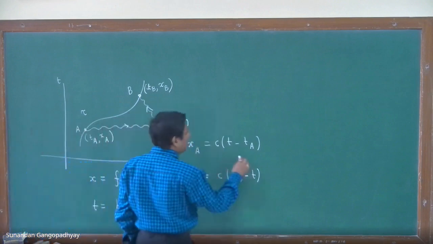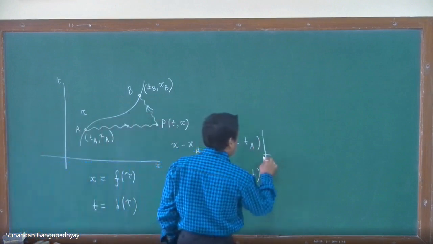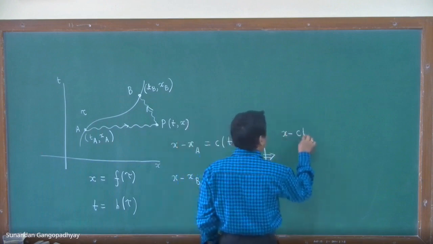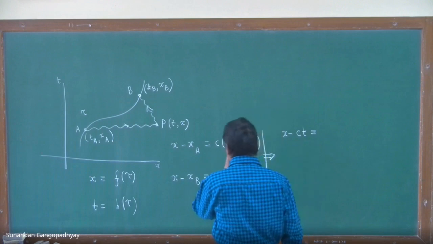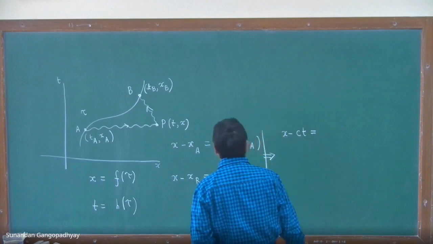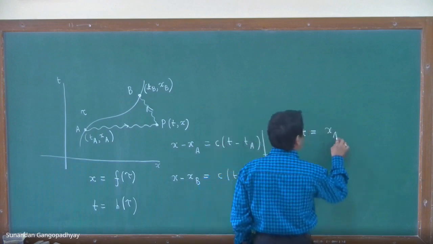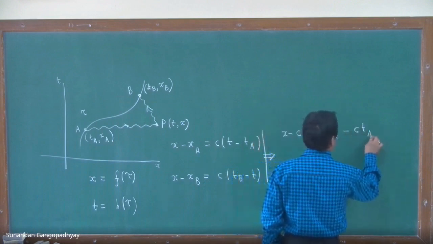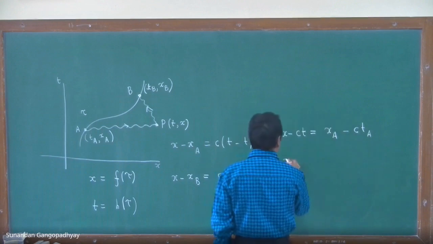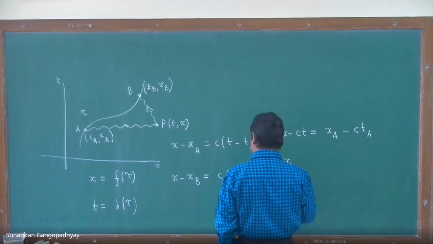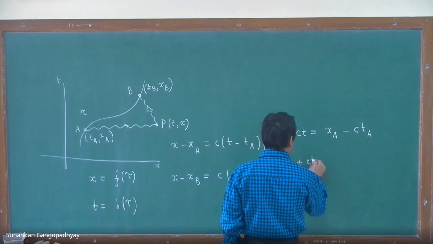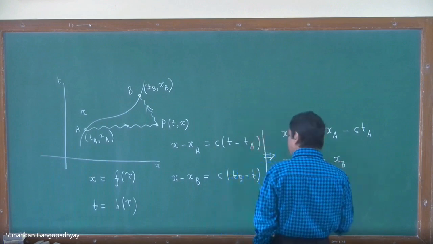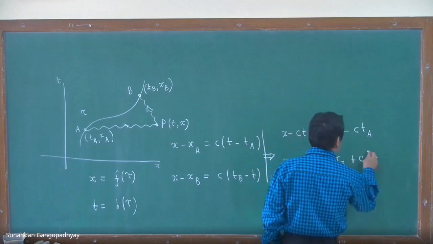And from these equations, this immediately implies that x minus ct is equal to xa minus cta, and x plus ct is equal to xb plus ctb.